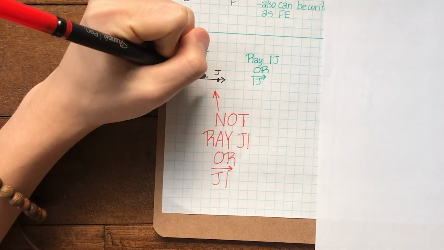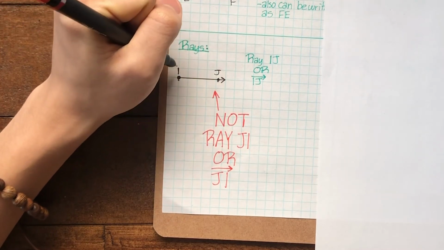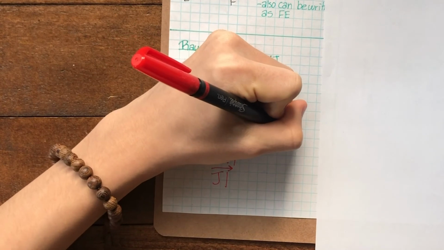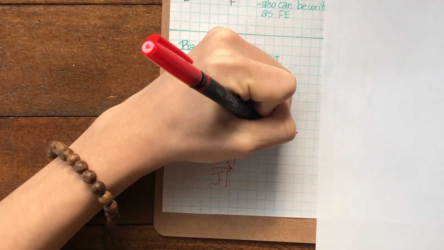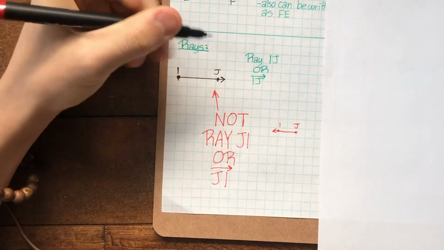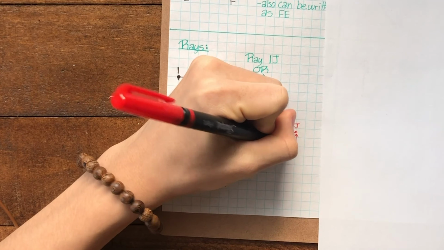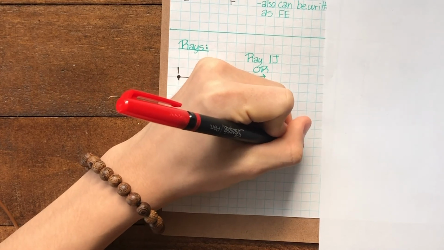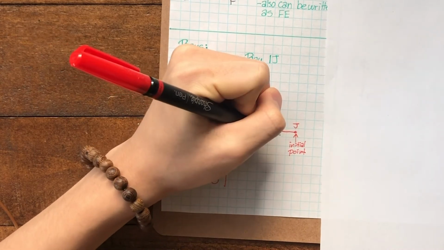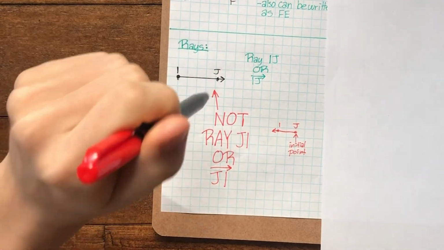So if you write it as ray JI, then it would kind of be implied that the ray looks like this. Because here, J is the initial point, while I is the point that kind of extends out forever. However, that's not the case here.